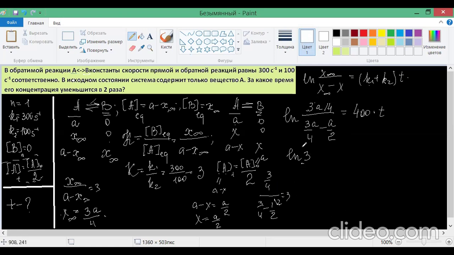For that reason, I wrote 3. So the natural logarithm of 3 is equal to 400 times t, and t equals natural logarithm 3 divided by 400, which is roughly 0.0027 seconds. This is the answer to this question.